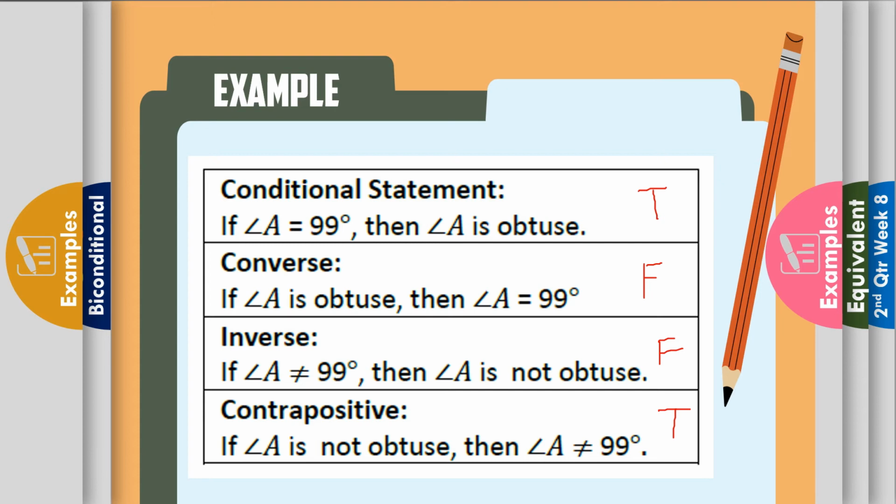Therefore, we can consider these statements as equivalent statements because the conditional statement and the contrapositive are both true, they are the same, which is paired with the converse and inverse that are both false, which is the same also. That's why we can consider this as equivalent statements.